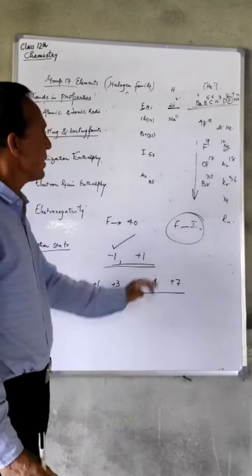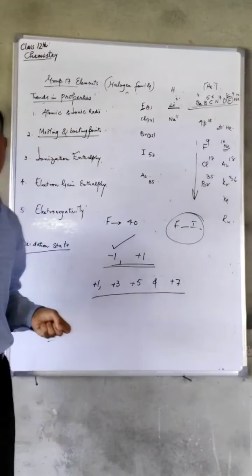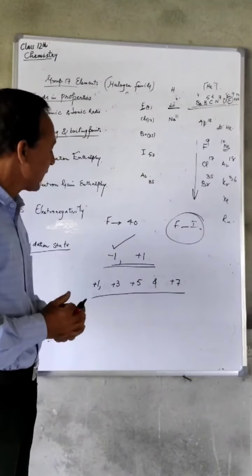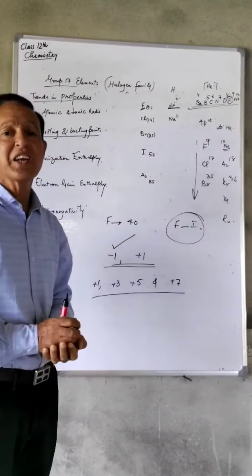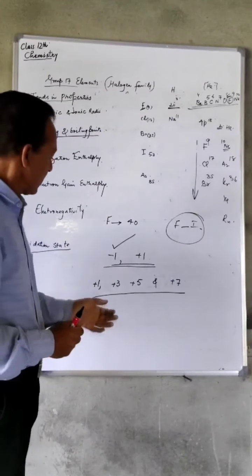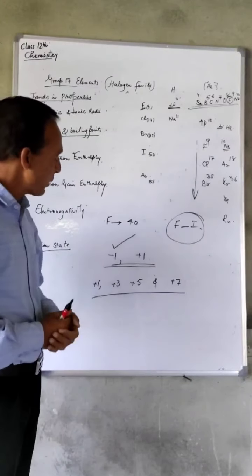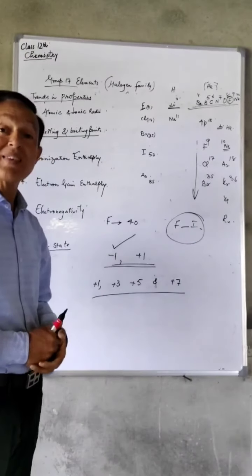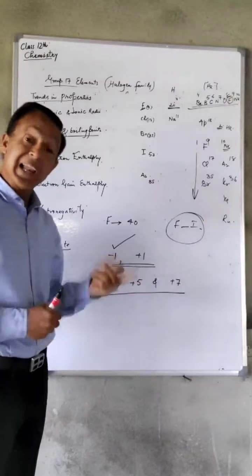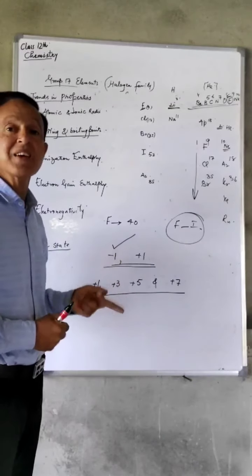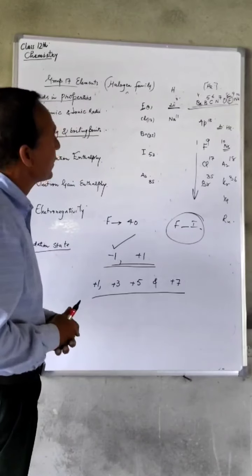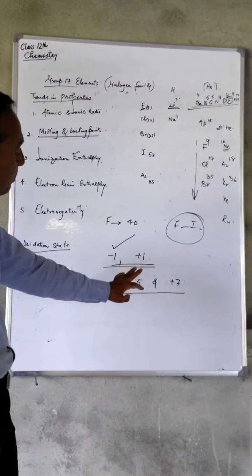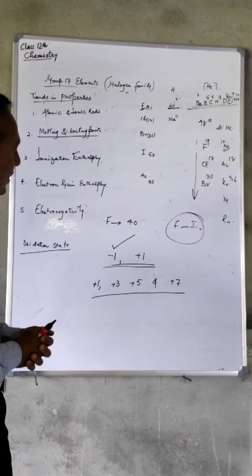This is because fluorine does not possess vacant d orbitals, whereas the other elements like chlorine, bromine, iodine do possess vacant d orbitals, and their +3, +5 and +7 oxidation states are due to the shifting of the electron from the s and p orbitals. The electrons from their outer shell s and p orbitals get excited to the next higher d orbital, due to which they exhibit +3, +5 and +7 oxidation states.